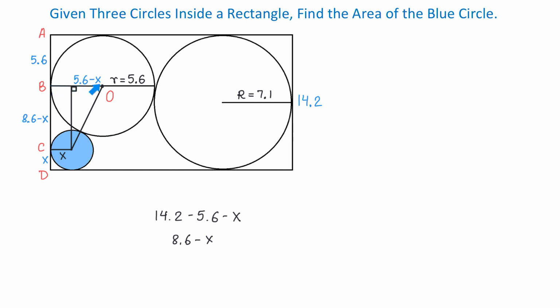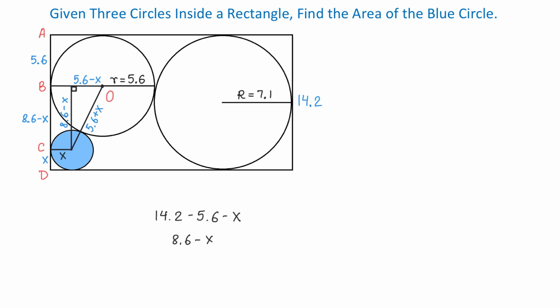Then 5.6 minus x will give us the upper side of this triangle. The left side is 8.6 minus x because it is the same as BC, and the hypotenuse is 5.6 plus x because it is the sum of the radius 5.6 and the radius x.